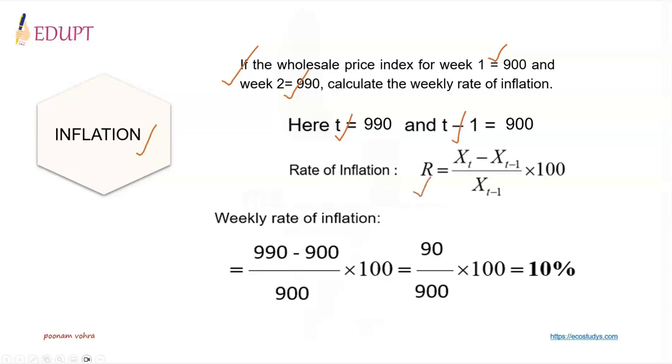So we shall apply the formula R is equal to XT minus XT minus 1 divided by XT minus 1 into 100. 990 minus 900 divided by 900 into 100, and we find it is 10%. So the interpretation is, with the change in price from 900 to 990, the inflation has increased by 10%.